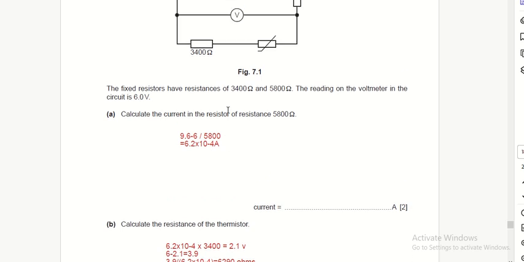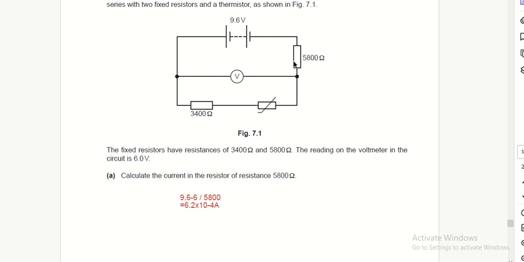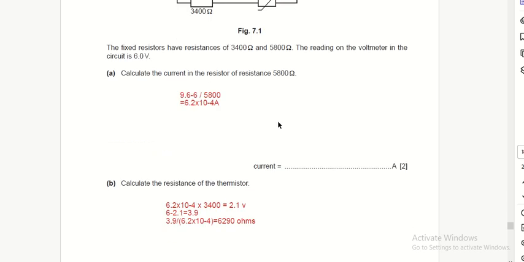I got the current from the previous step, and these three resistors are connected in series, so it is the same current that flows in the three.